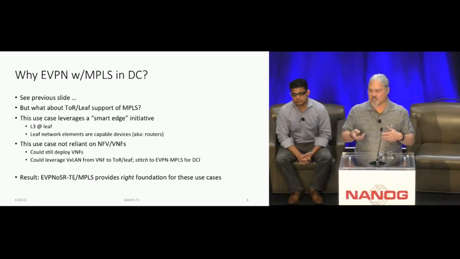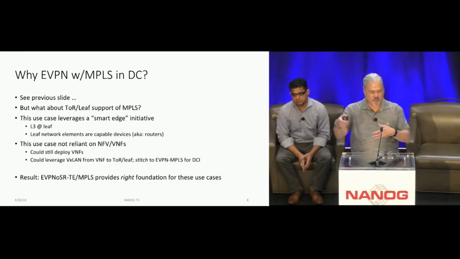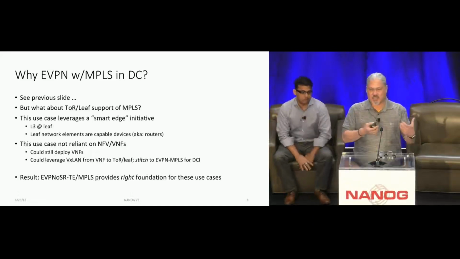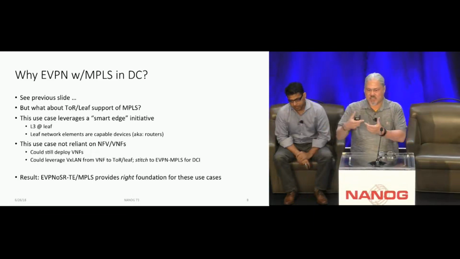However, if they wanted to support multi-tenant servers in their data center, they could do that and run VXLAN from that server to the leaf node. So you have VXLAN to give you multi-tenancy at the customer edge. And then on the leaf node, which functions as a gateway, you stitch the VXLAN tunnel into segment routing MPLS. So you have that stitching capability in the device as well. Again, that's a fully capable MPLS router.